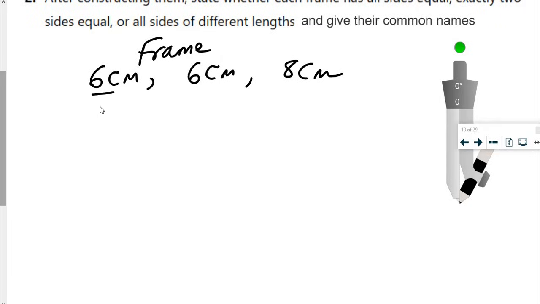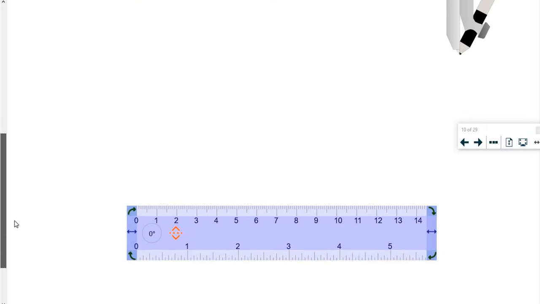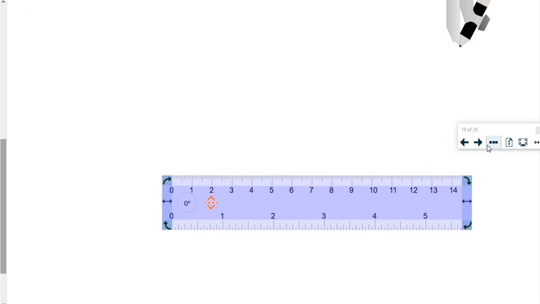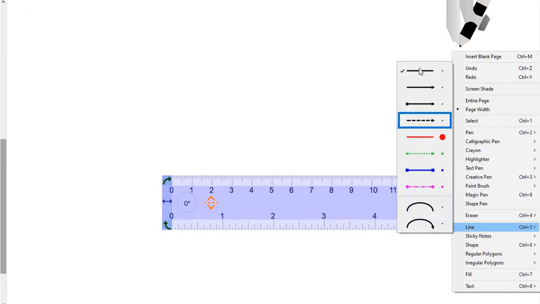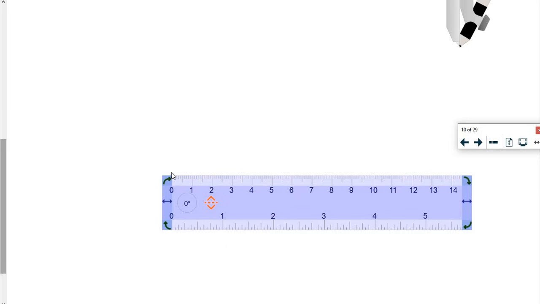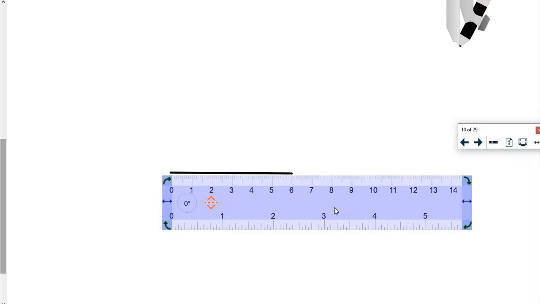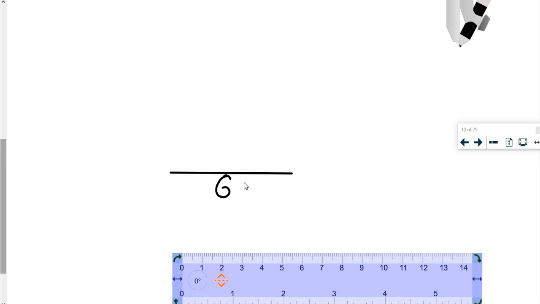So the first number is 6 centimeters. So take a scale, and draw 6 centimeters from 0. See that? And then after that you have to label that this is 6 centimeters.